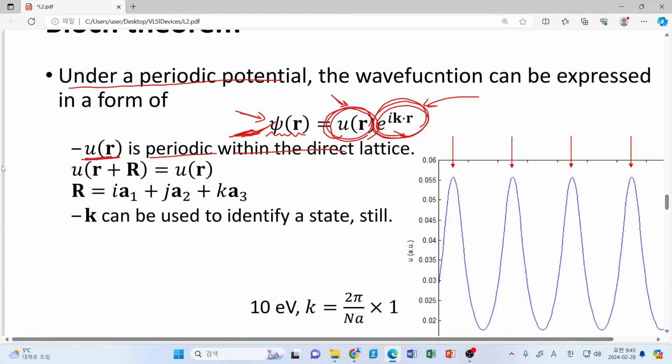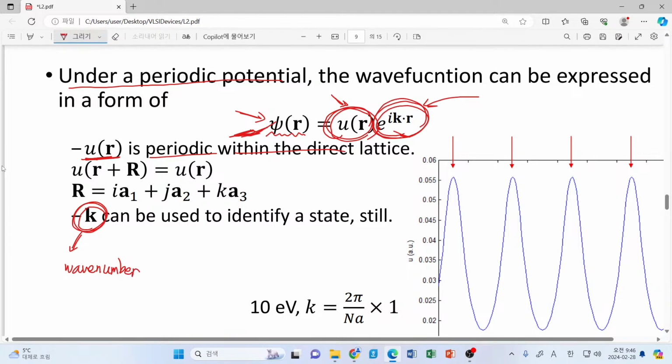Even in this case, we can treat it as just a dressed free electron, just like a plane wave. That is a really important point, and still we can treat this k number, the wave number. If this is just a single number, then it is called a wave number.